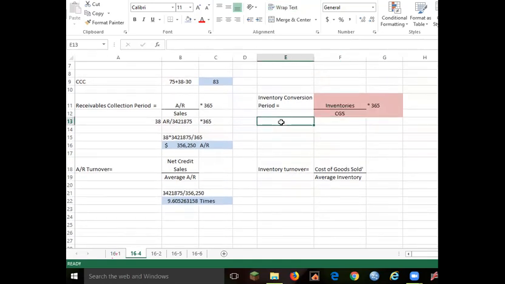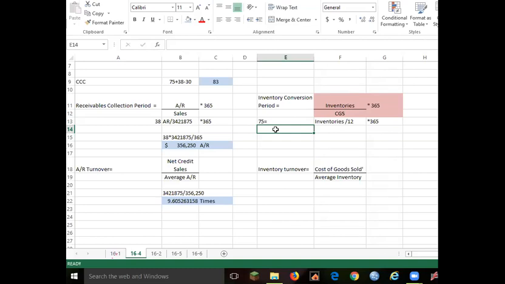The inventory conversion period is given as 75, so 75 is equal to inventories divided by cost of goods sold, multiplied by 365.